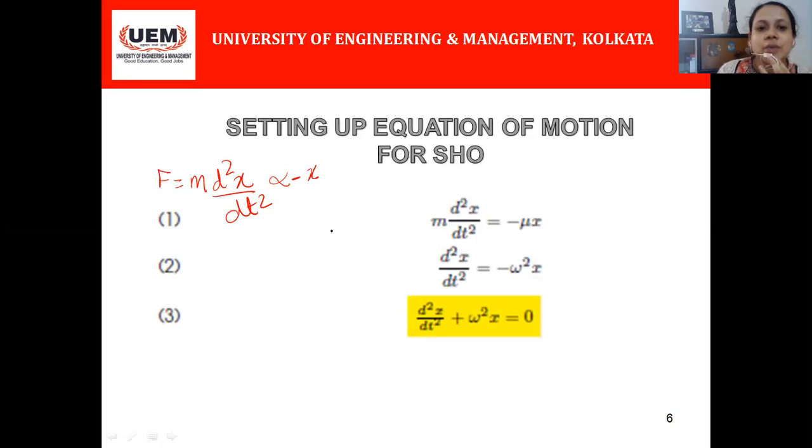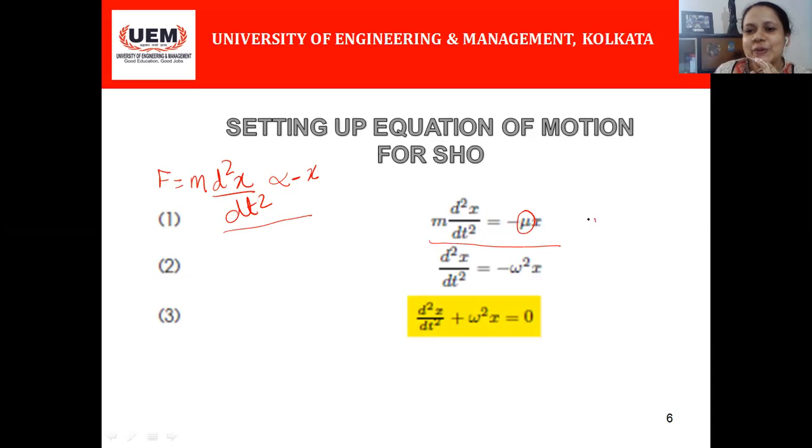And when we rewrite this proportionality as an equation, we plug in the proportionality constant mu. So mu is nothing but the proportionality constant which we invoke to change this proportionality relation to an equation.